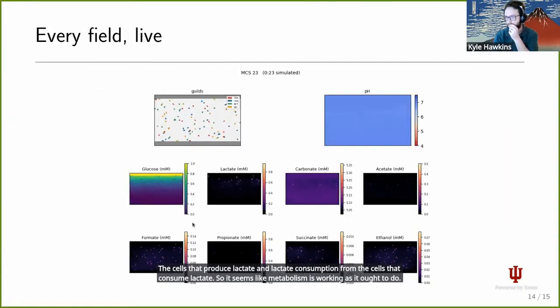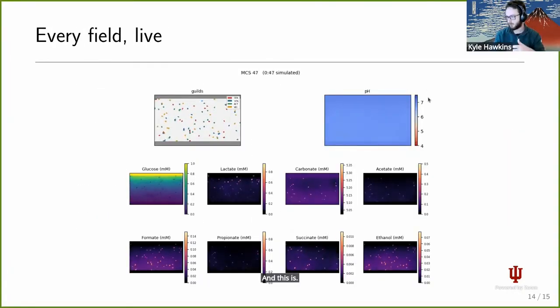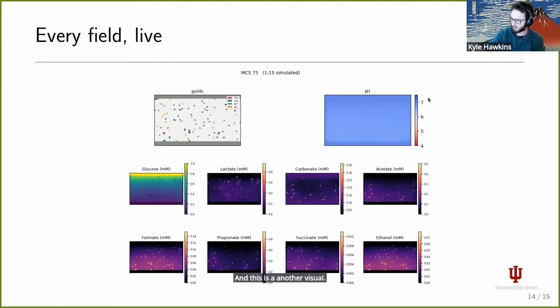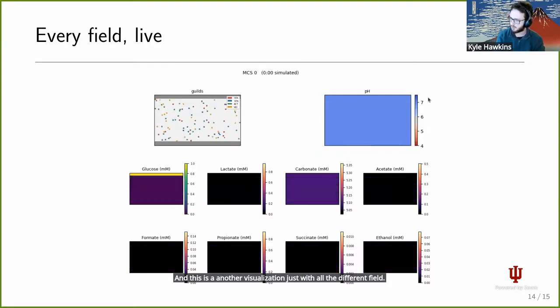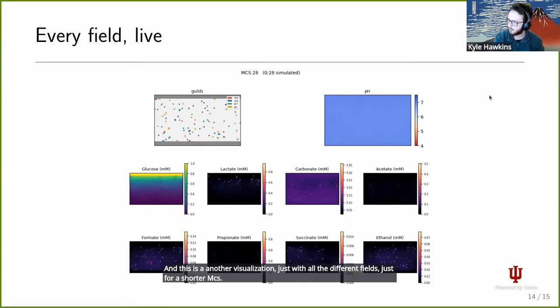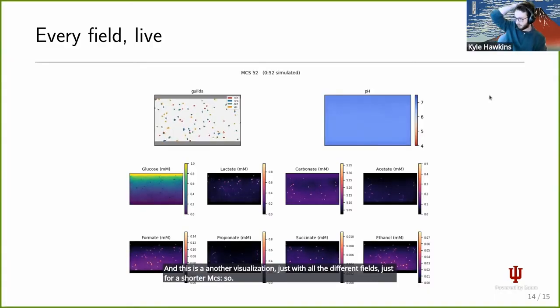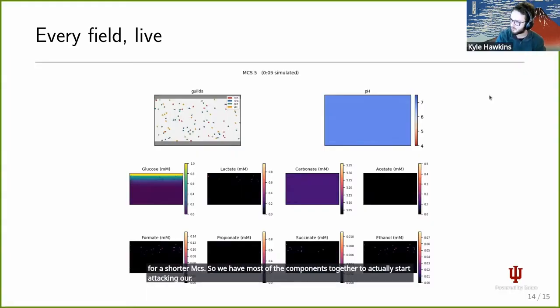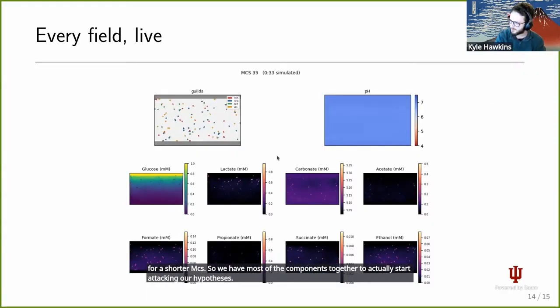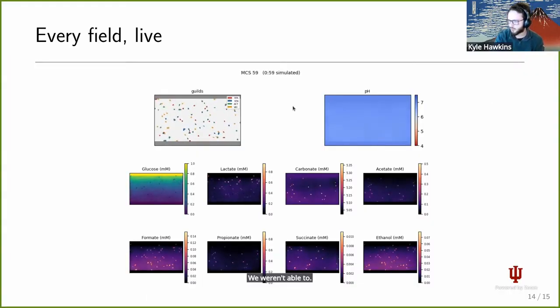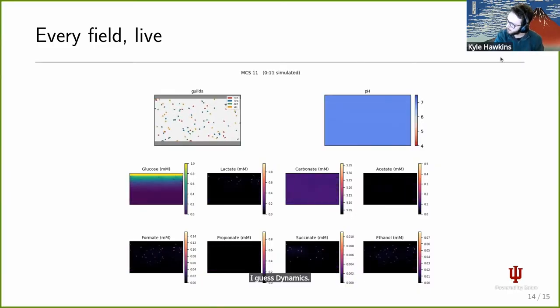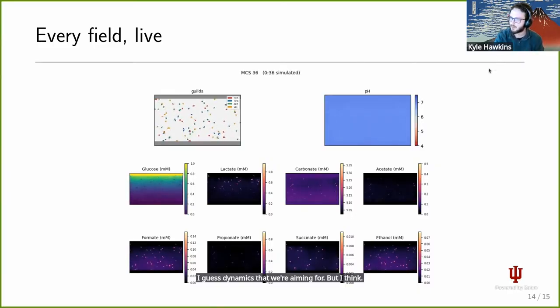And this is another visualization with all the different fields, just for a shorter MCS. So we have most of the components together to actually start attacking our hypotheses. We weren't able to get the spatial arrangement dynamics that we're aiming for, but I think we're really close to getting that.